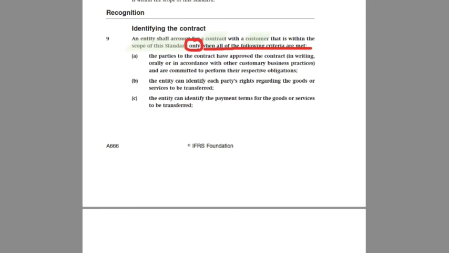If you just look at this one line, you might want to discuss, but what is a contract? Because it says an entity shall account for a contract. Okay, but what is a contract? And you might want to say, what is a customer? Because they say a contract with a customer. And you might want to discuss the scope of this standard because it says that is within the scope of the standard.